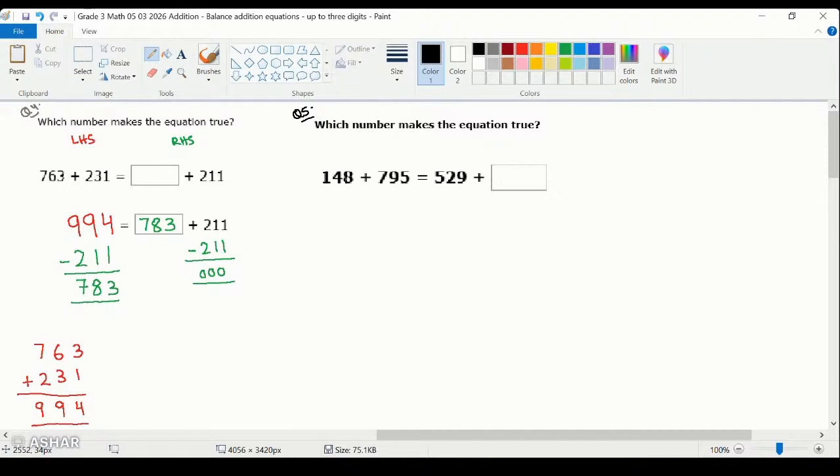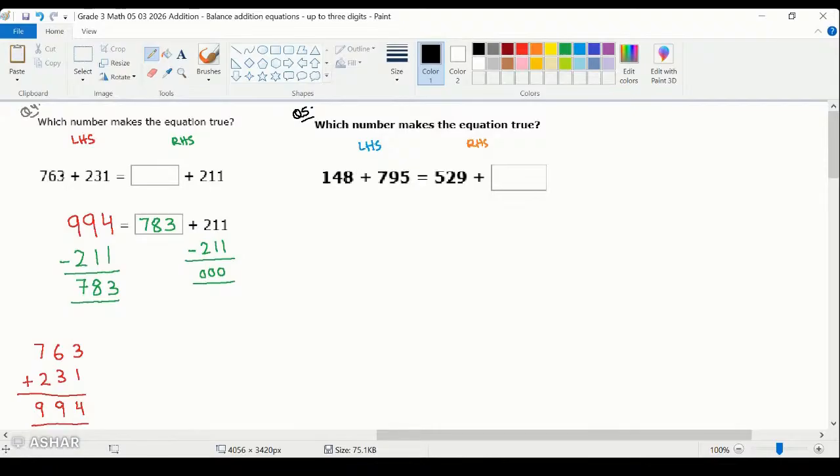Let's move ahead. So we have the values on the left hand side and the values on the right hand side. Let's add the numbers on the left side. The numbers were 148 plus 795.